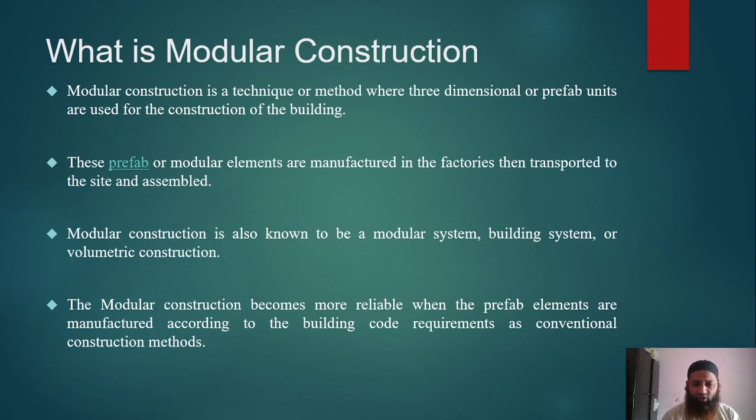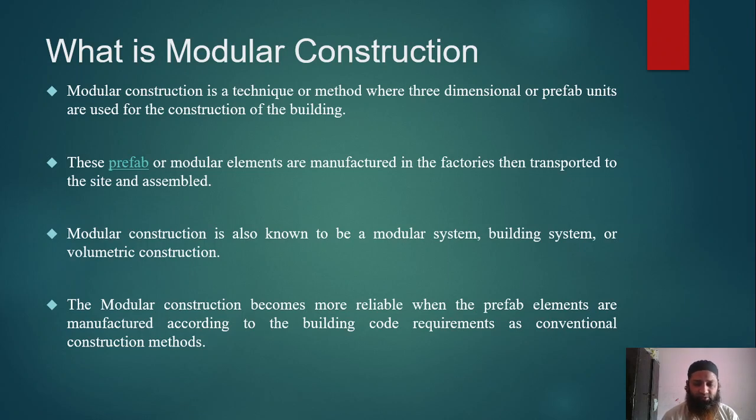and other small elements are prefabricated and then assembled on the site. Modular construction becomes more reliable when the prefab elements are manufactured according to the building code requirements as in the conventional construction method. As I had told you, they can be made as per the requirements we need. Whereas in on-site construction there are chances of not meeting the requirements given by the IS codes.